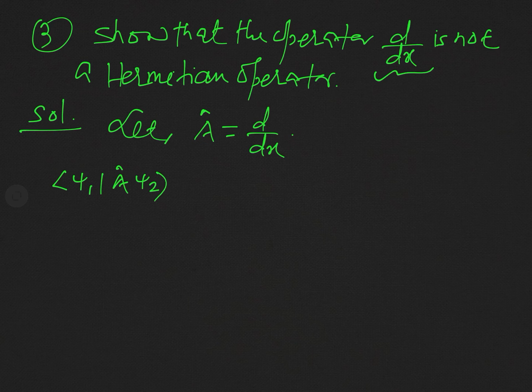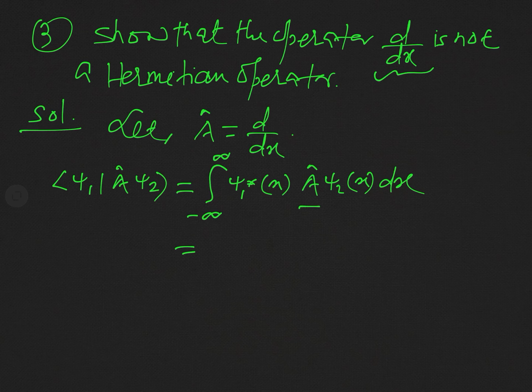Here we have also assumed the two arbitrary functions psi 1 of x and psi 2 of x. So from the definition of a scalar product, we know it will be integral from minus infinity to plus infinity psi 1 star of x a hat psi 2 of x dx.